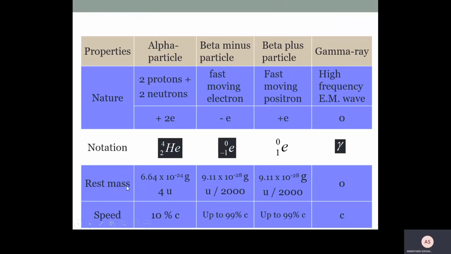Okay, this is called rest mass. Why did the word rest come up? Again, because of Einstein. What is meant by rest mass? It means that when Usain Bolt is not moving, his weight may be 70 kilograms, and when Usain Bolt runs forward, his mass rises.